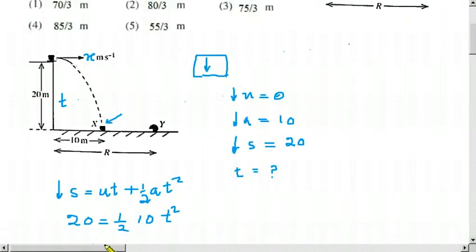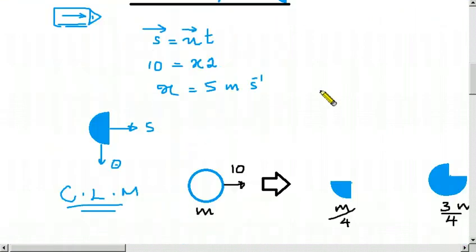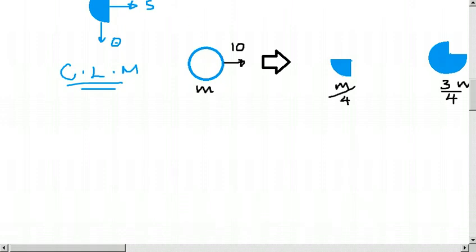After splitting, the horizontal velocity is x, time doesn't change, but before we can take 10 as horizontal velocity, if we consider the full ball before splitting. So this one is before splitting.